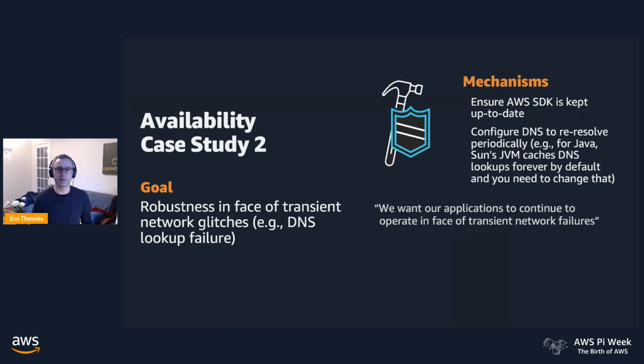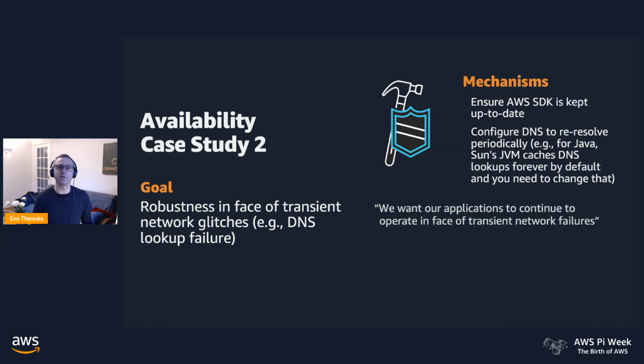Now, what are some of the mechanisms we used in S3? Well, we had a whole bunch of timeouts and backoffs that we tuned internally, and one of the main ways that we suggest in this case study as well is to simply ensure that the AWS SDK is kept up to date. Many of our fixes go there, and by keeping it up to date, you just pick them up.